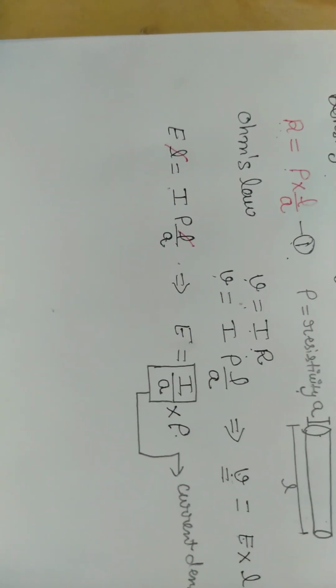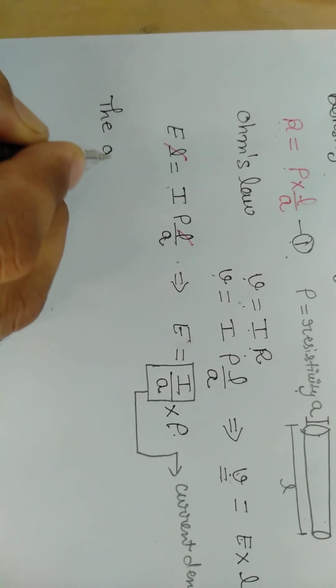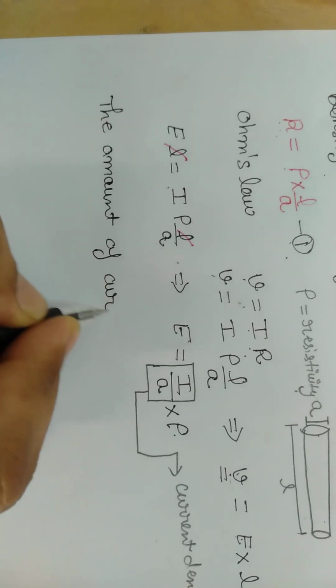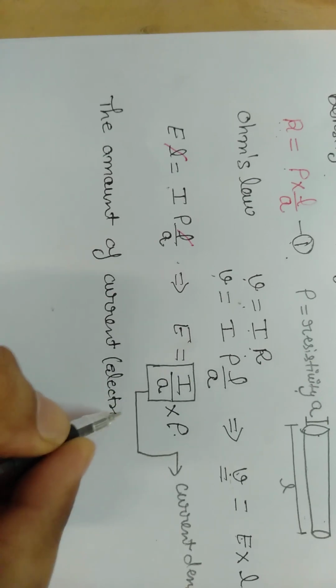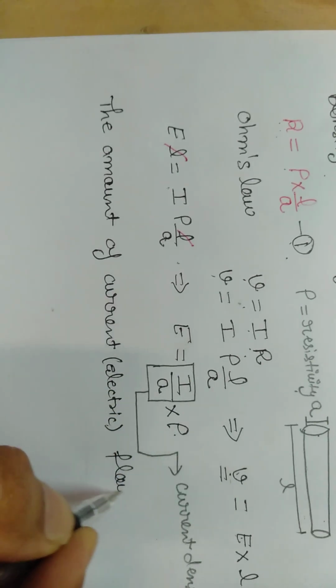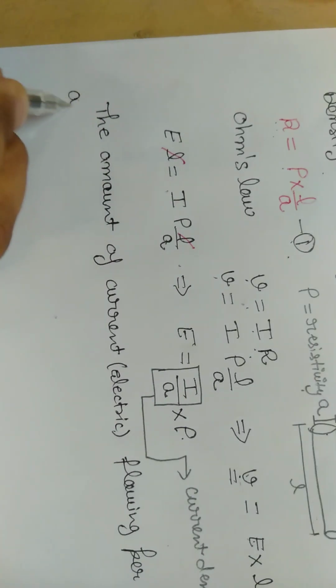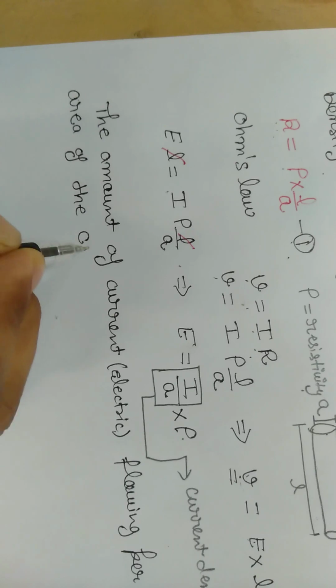So what will be the definition of the current density? The amount of electric current flowing per unit area of the conductor.